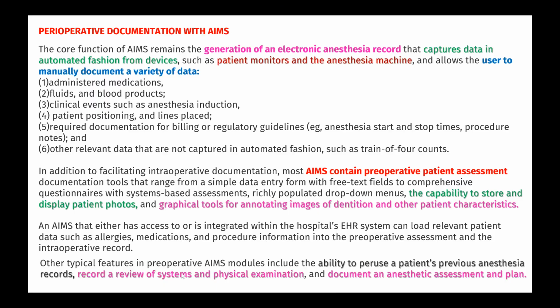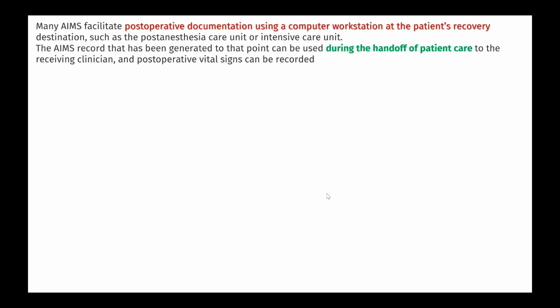The other typical features of AIMS include reviewing the patient's previous anesthesia records. That also will be taken into account. For example, a family history of malignant hyperthermia or scoline apnea. All this can be recorded, and review of systems, physical examination, documents, and anesthetic assessment and plan are also done by the AIMS method.